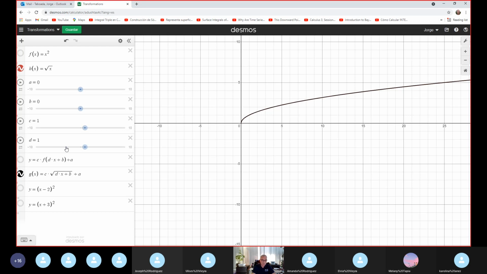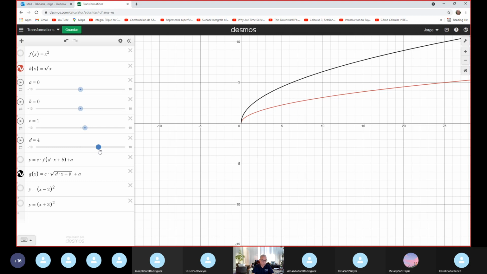However, if you are doing the transformation, for example, suppose that D is greater than 1. What is the name of this effect? I need to understand the name. When the D is greater than 1, is this stretch or compress? What do you think? Opinion. Stretch or compress?